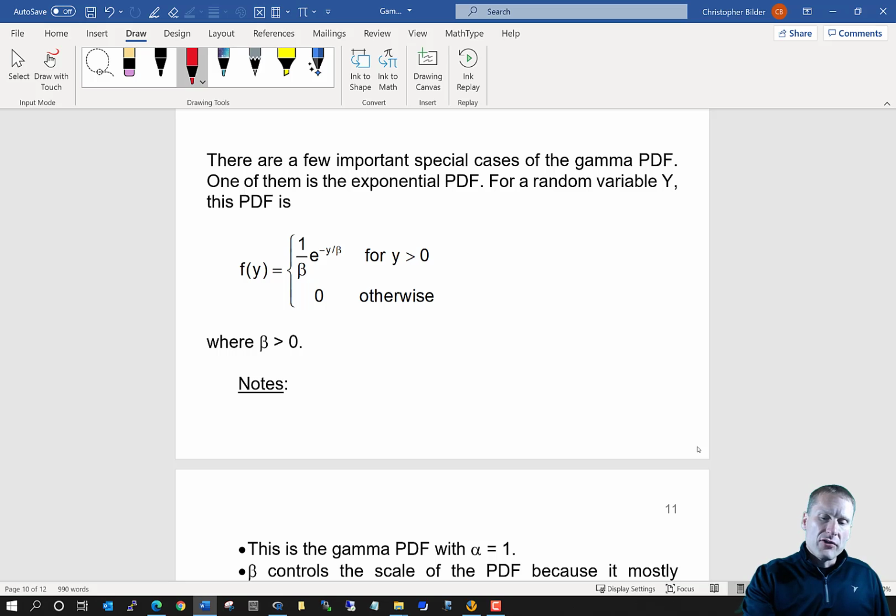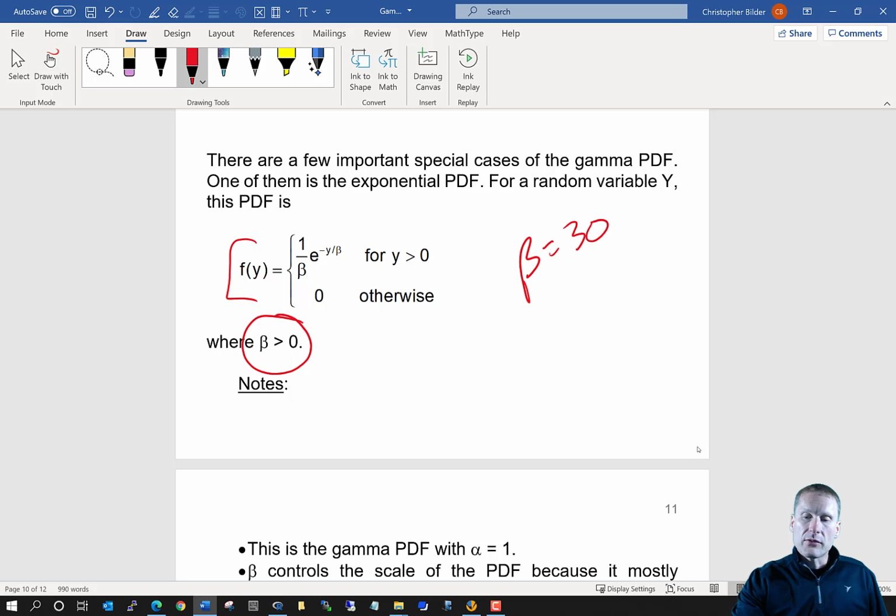An exponential PDF in a general form looks like this. f of y is equal to 1 over beta times e to the negative y divided by beta for y greater than 0, and also beta is always going to be greater than 0. This is the same PDF that we used for that transaction time example where beta was equal to 30.